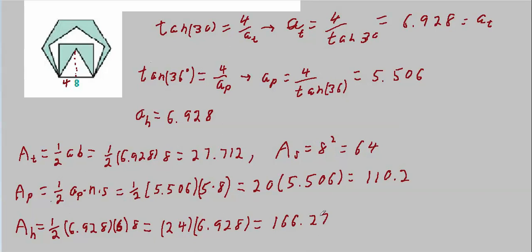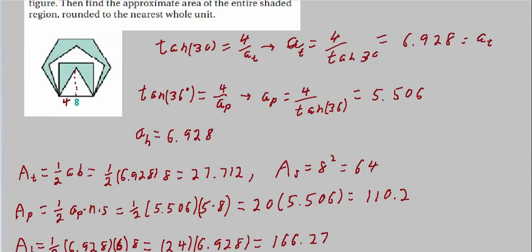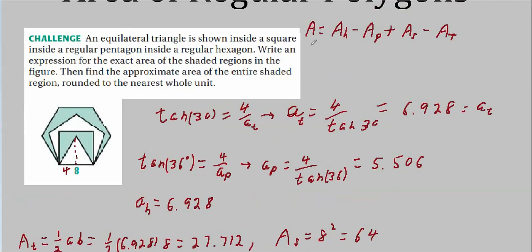So now if I give myself some room to work, we can go back to what we had up here on the top. This one here. We've got A sub h, A sub p, A sub s, and A sub t. I think we had A sub t here somewhere, don't we? Yeah, there it is, 27.712. If I hadn't written this line here, I might be able to just write it out right here.